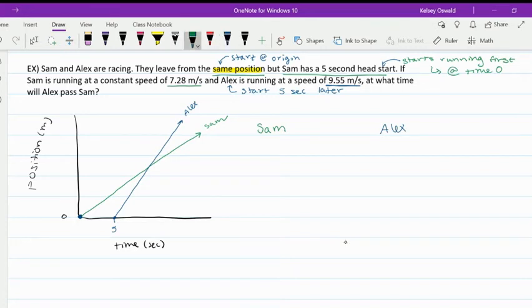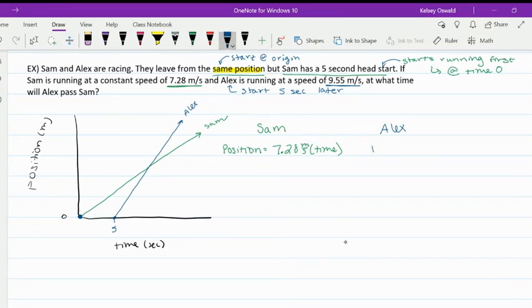All right, so if we look at Sam, we have our position, our y, equal to our slope, which we know is equal to our speed. Sam has a speed of 7.28 meters per second times time. Okay. And since we start at the origin here, we don't have a y-intercept.